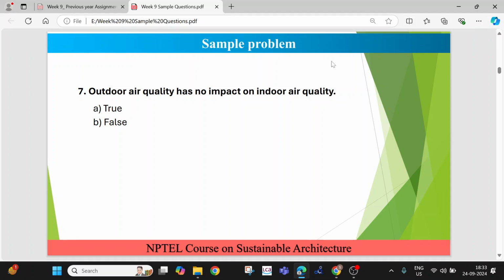So if the outdoor air quality is bad, it will directly affect the indoor air quality, since the contaminated outdoor air can enter inside the buildings, specifically if it is not properly filtered. It can enter for ventilation purposes or through infiltration and affect the indoor air quality. That's why the answer is false, and all of you are going in the right direction.